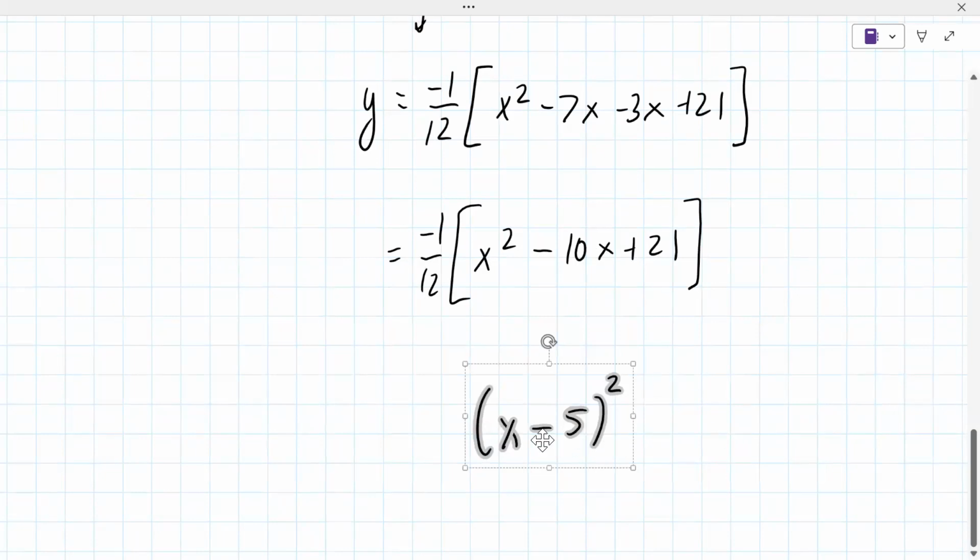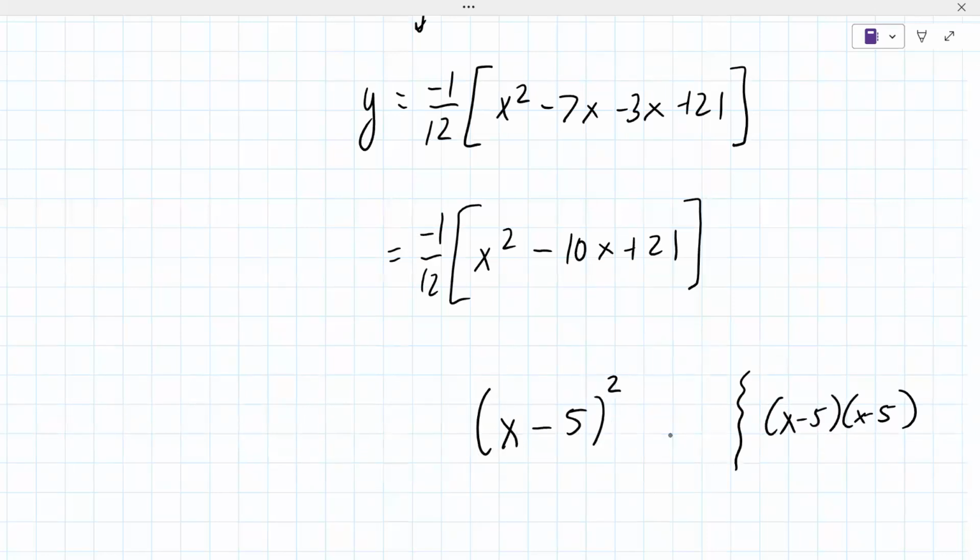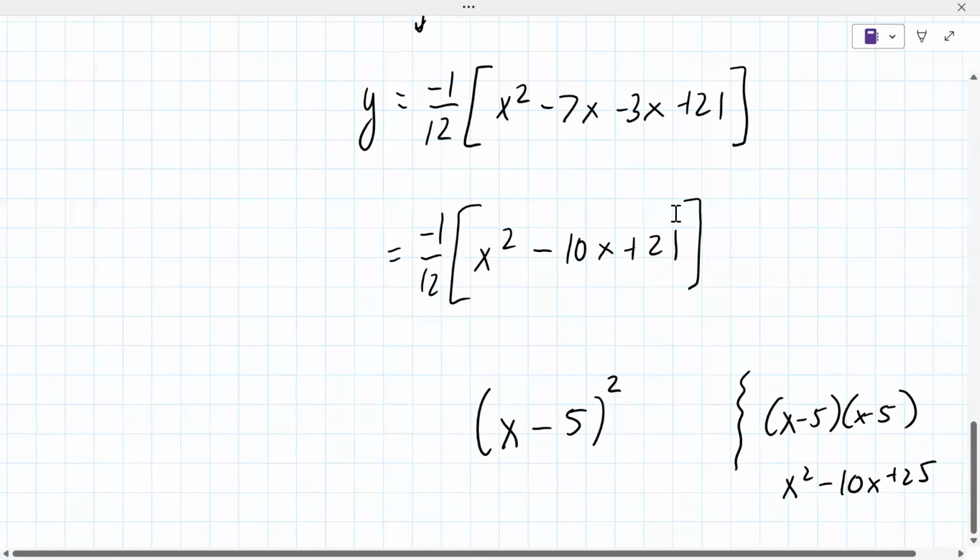If you were to expand this, off to the side here, if you were to FOIL this, you would get x squared minus 10x plus 25. Do you see that you would have more than 21? You would have 4 more. 25 instead of 21. Yes.